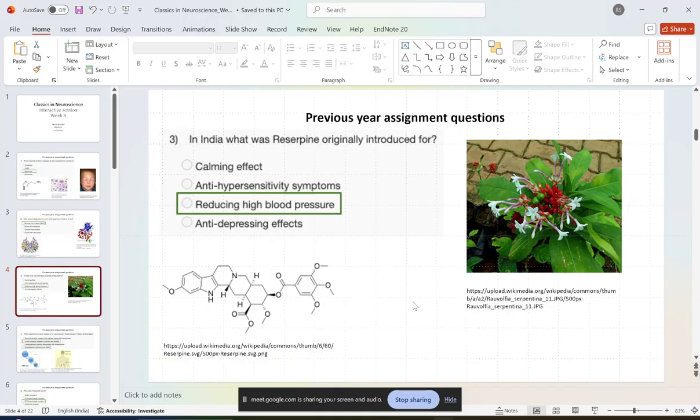Next question. In India, what was reserpine originally introduced for? So, in India, in a lot of folk medicine and ancient medicine which was practiced earlier, it had been shown that this plant, also known as Indian snake root, its binomial name is Rauwolfia serpentina, was shown to reduce high blood pressure among several other actions.